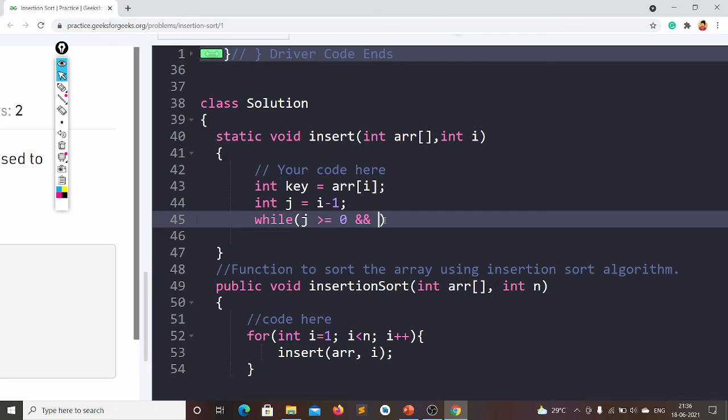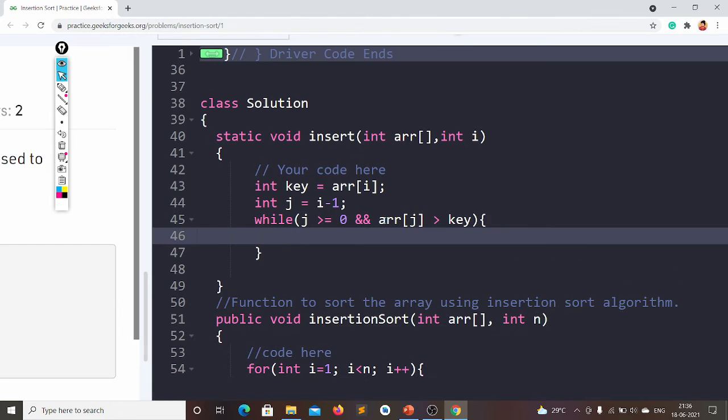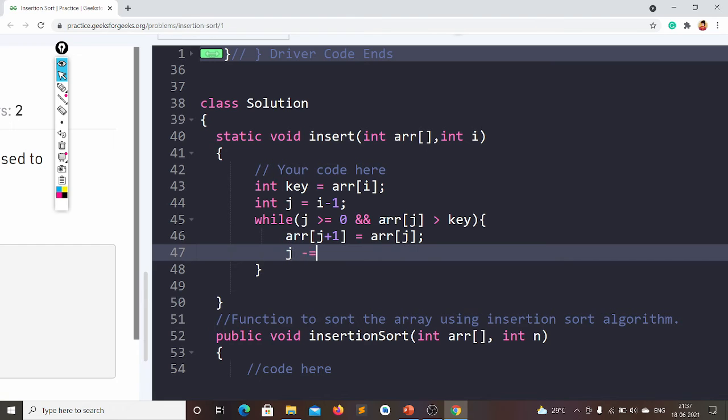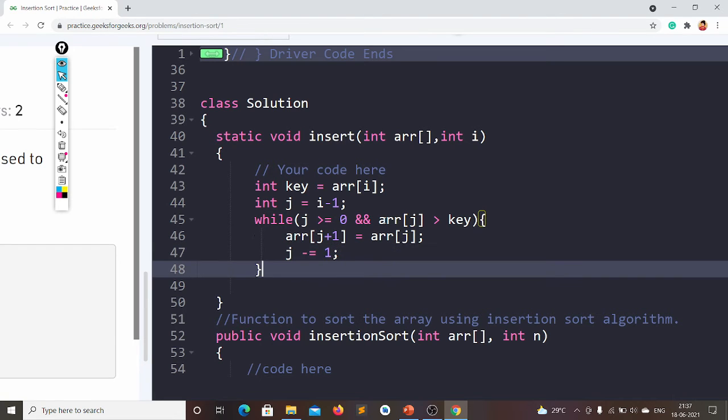Now, again, we have to check another thing also. We have to check whether array of j is greater than key or not. Only in that condition we are setting array of j plus 1 equal to array of j, and I am decrementing my j now.